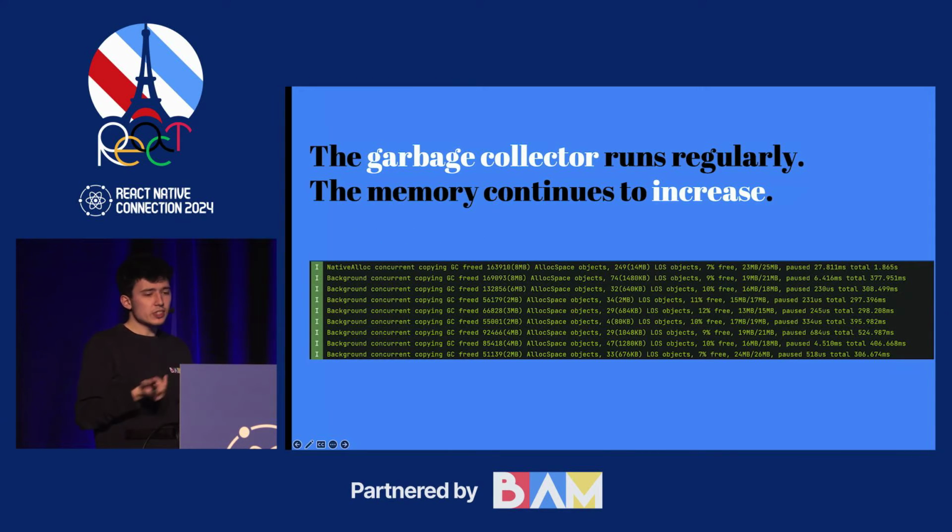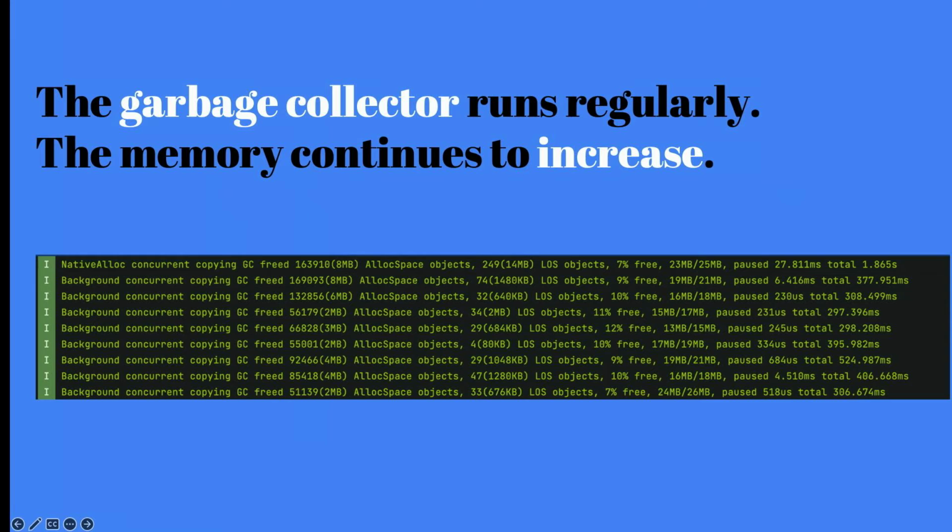So first step, we look at logcat, to see logs about our application, about the system, to see if we can find some log about the garbage collector. And yes, we find a lot of logs. It seems to run really often. So the garbage collector runs, but it seems to collect nothing because memory still increases.